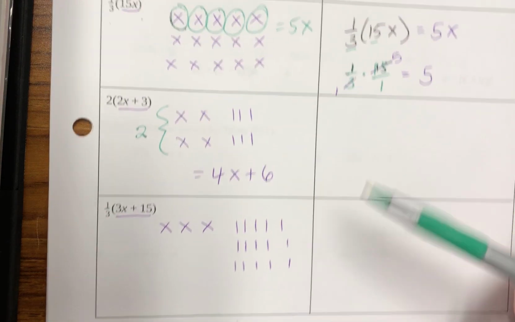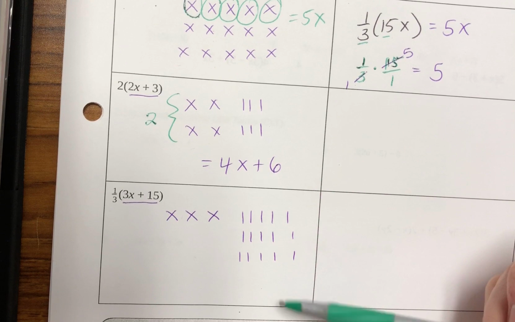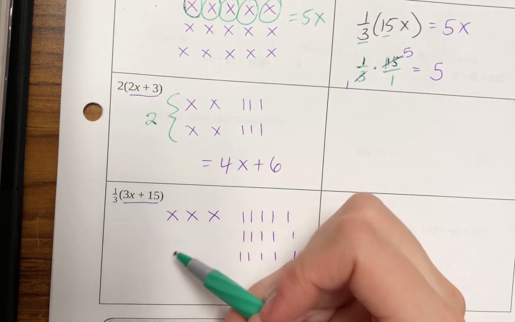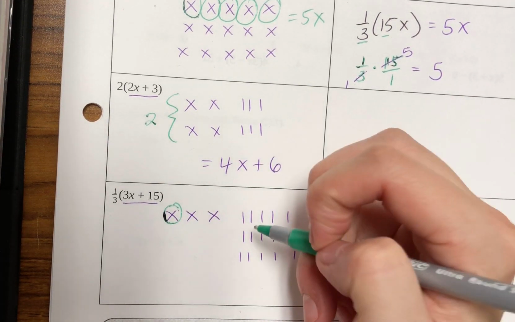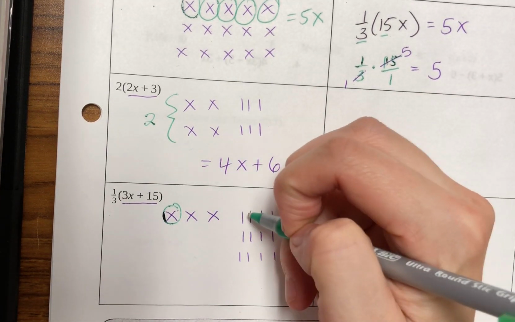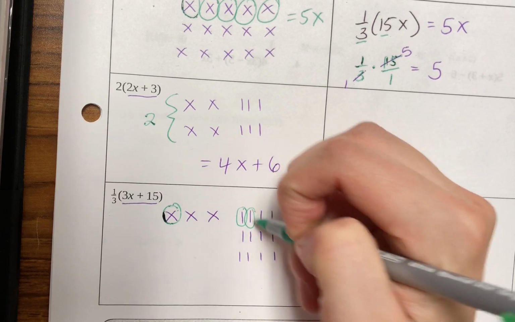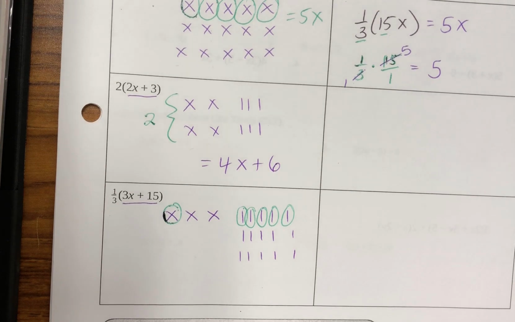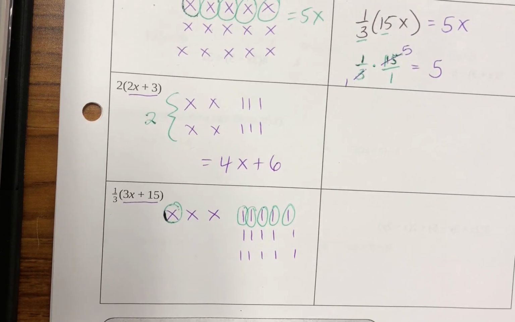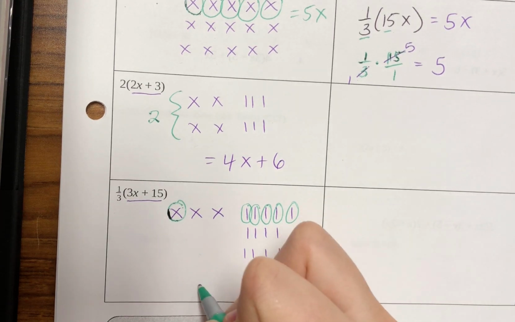So like we did at the one above, I'm going to circle 1 out of every 3 things. So 1 out of every 3 x's, and then 1 out of every 3 1s over here. So 1 out of 3, 1 out of 3, 1 out of 3, 1 out of 3. So a third of this group is x plus 5.